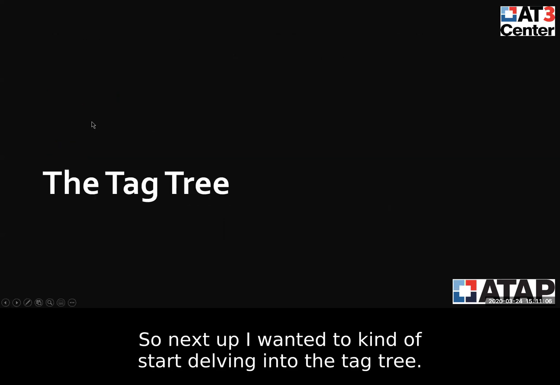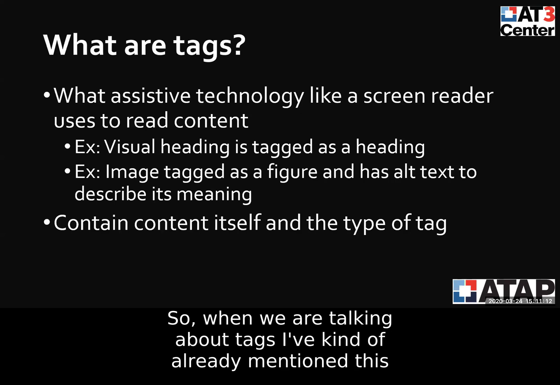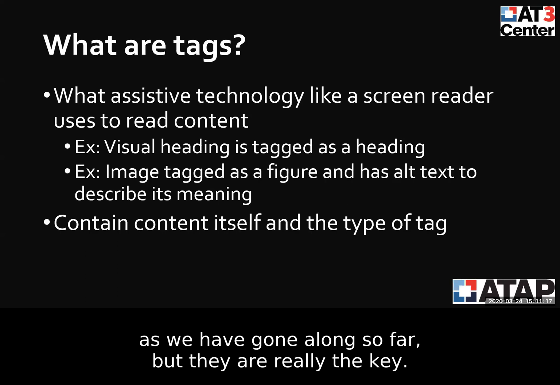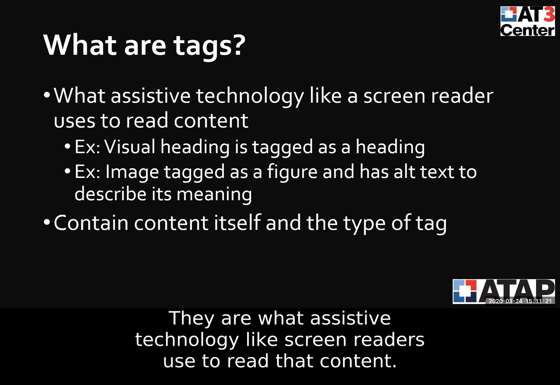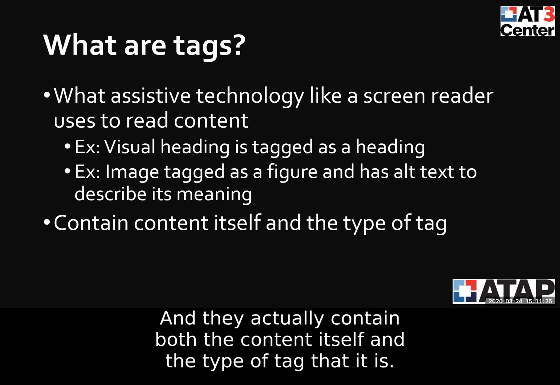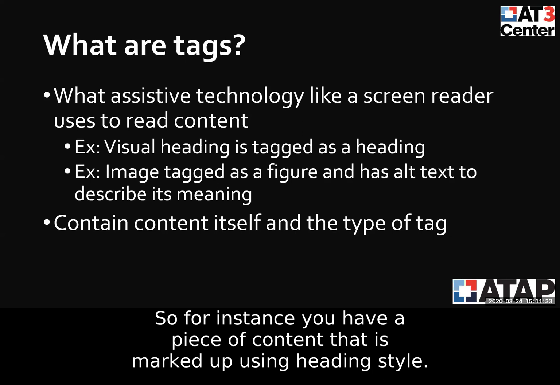Okay, so next up, I wanted to start delving into the tag tree. So when we are talking about tags, I've already mentioned this as we've gone along so far, but they are really the key. They are what assistive technology like screen readers use to read that content. And they actually contain both the content itself and the type of tag that it is. So for instance, you have a piece of content that is marked up using heading style.